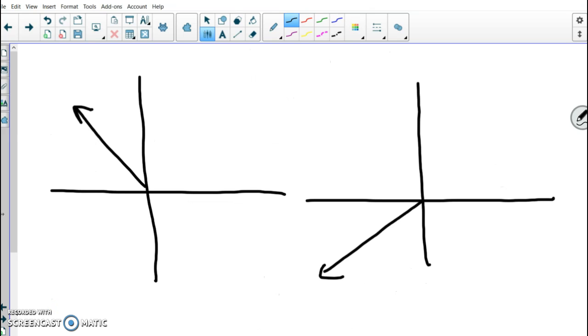So we have this new concept. We've been using it, but we're going to have a name for it now: finding reference angles. And it says finding the reference angle for any angle greater than 90 degrees. The thing that we are going to do is take that terminal side.